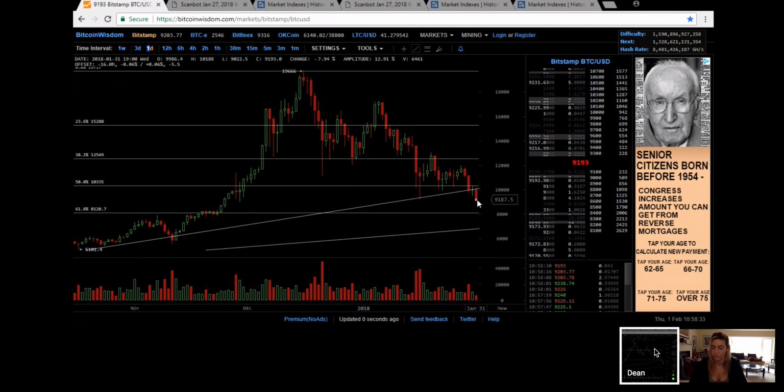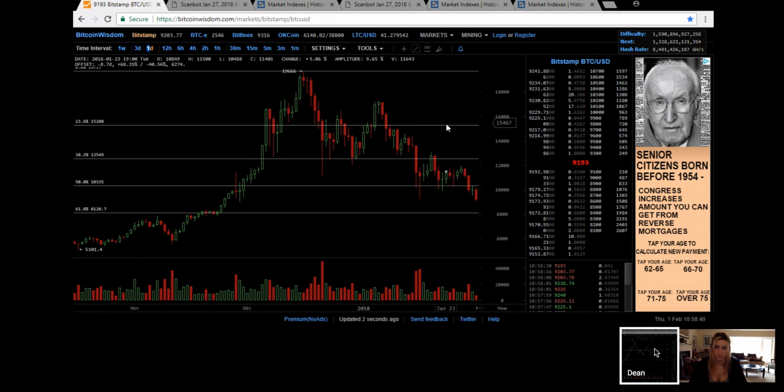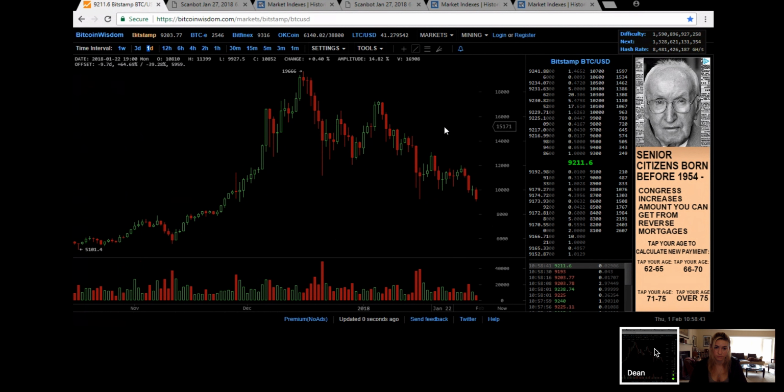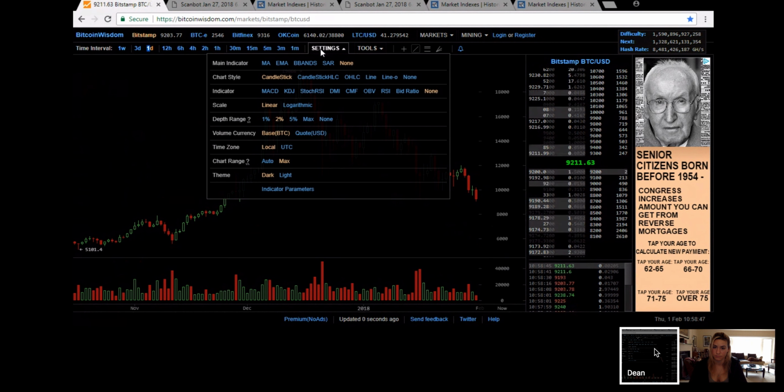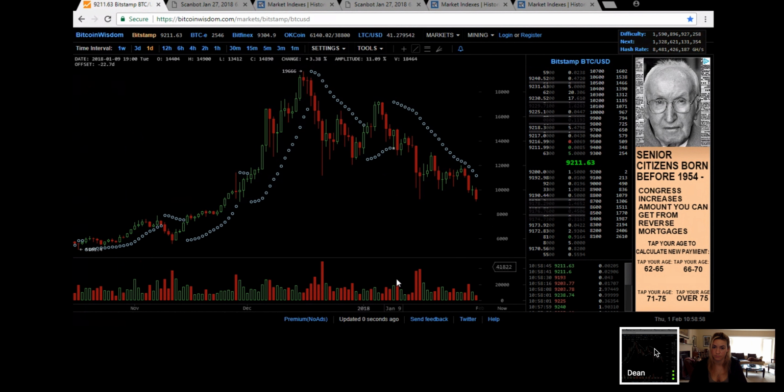Now, we've shown you a lot of other tools. I'm going to take the Fibonacci lines down so I can bring up the tool that we talked about in our last discussion, which is called the stop and reverse line, or the stop and reverse points.